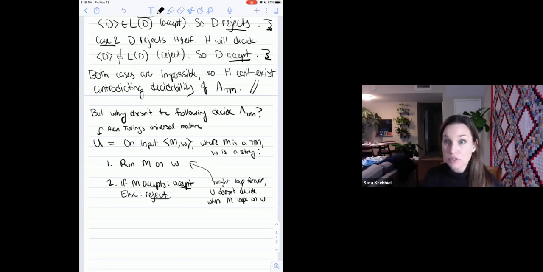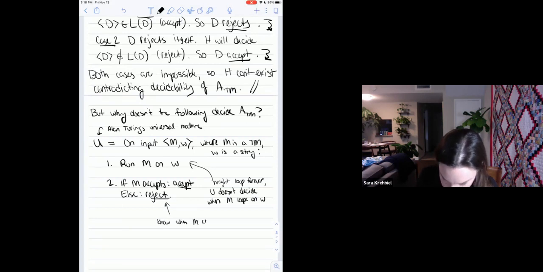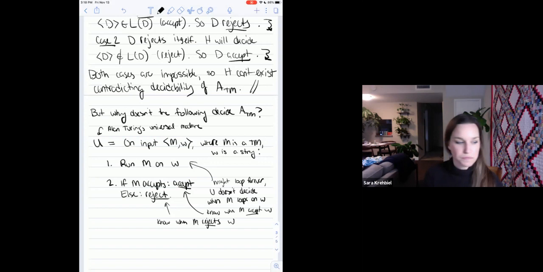Now, if W is something that gets affirmatively rejected by the machine, then we know when M rejects W. And we also know when M accepts W. So the language ATM is we want to identify anytime M accepts W. So this acceptance case says if M accepts W, then step 1 will eventually terminate.